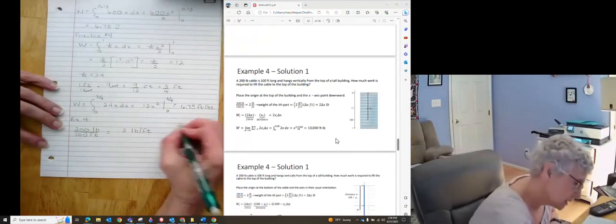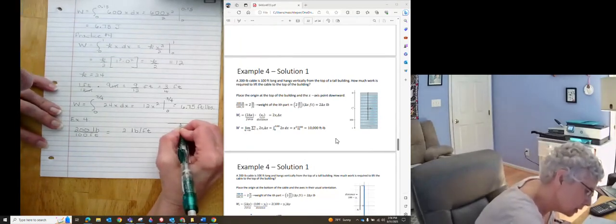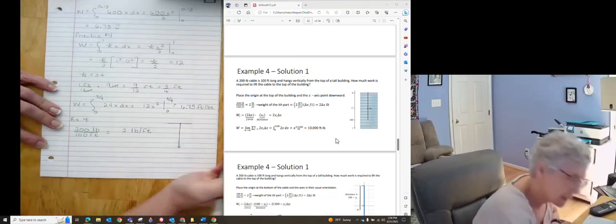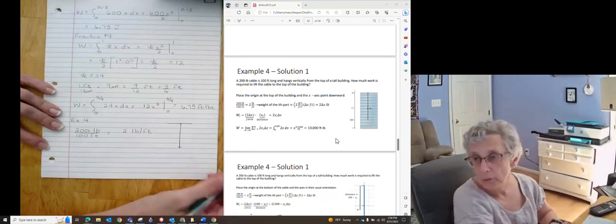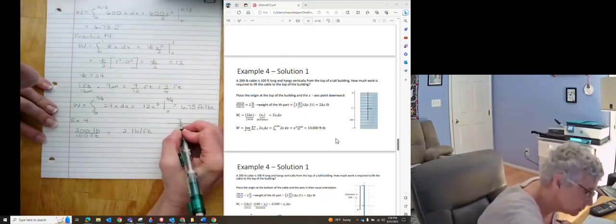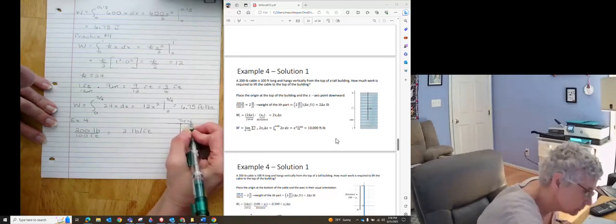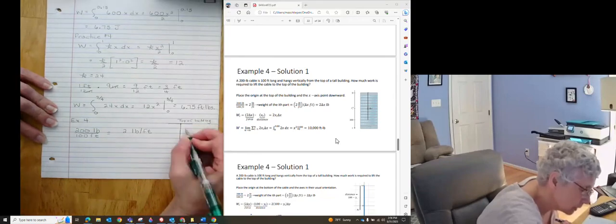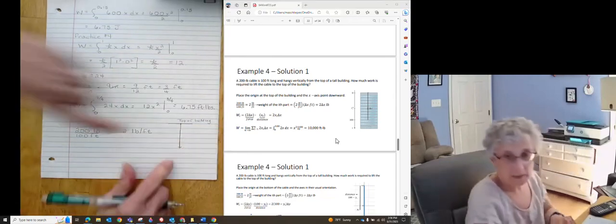One way is to put the positive x-axis pointing downward, and we put the top of the building at the origin. So this is the positive x-axis.